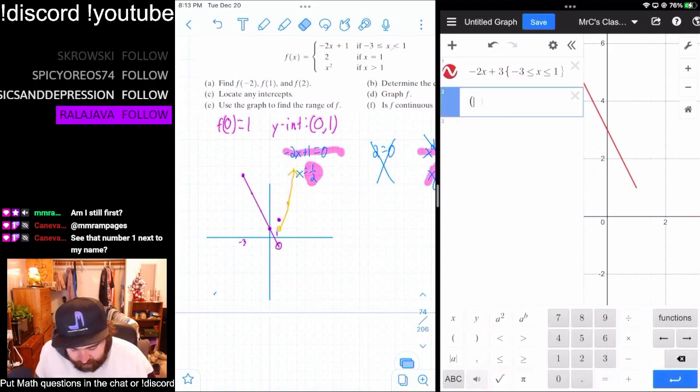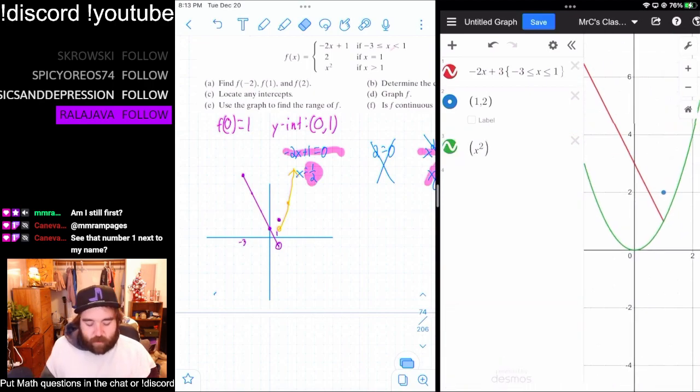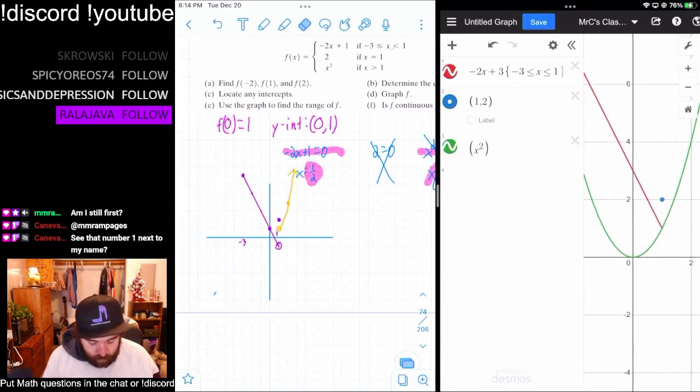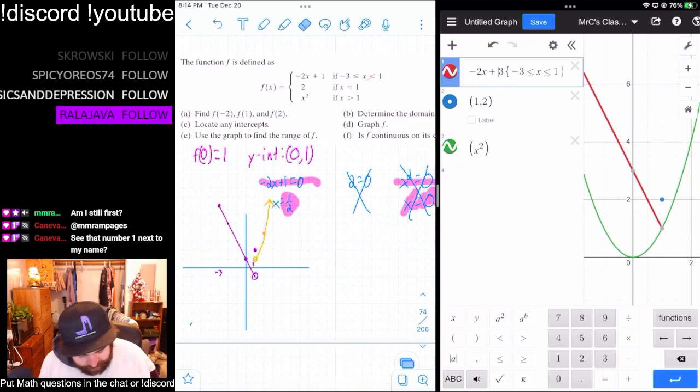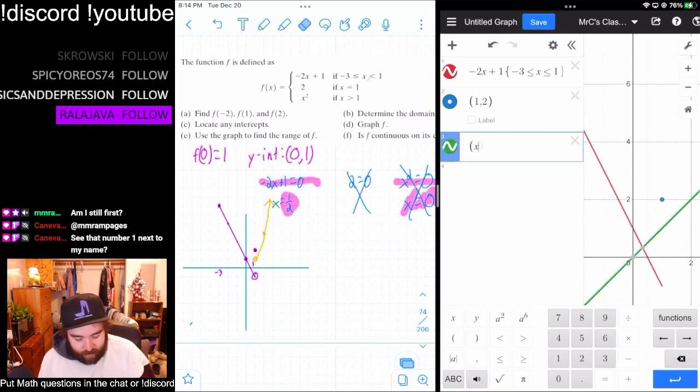And then the next thing we have is a point, 1, 2. And then the next thing we have is the parabola. So that's our whole parabola, like we graphed at the start. And then, I typed in this wrong. I was worried. That's 2x plus 1. So this is like our whole parabola like we had at the start. But then we don't want the whole parabola.